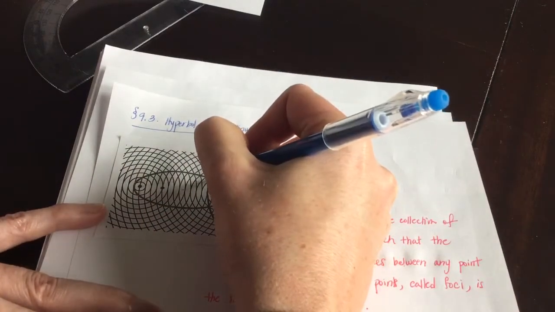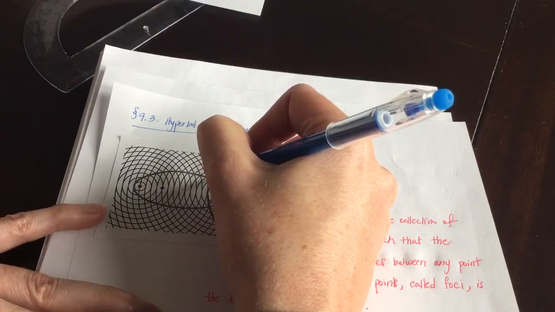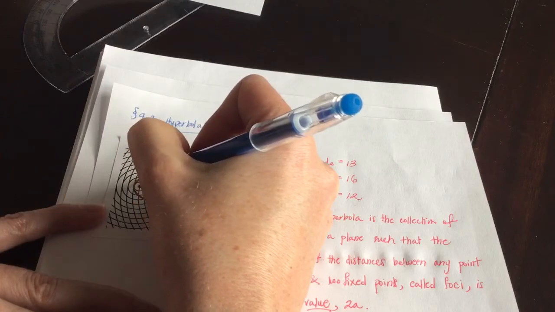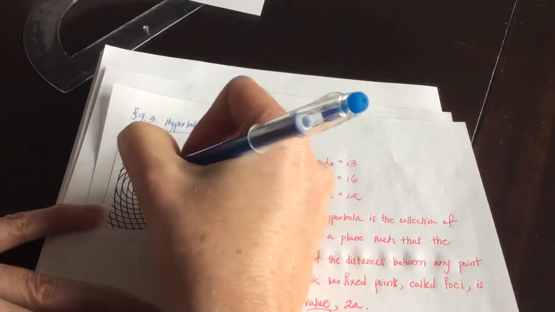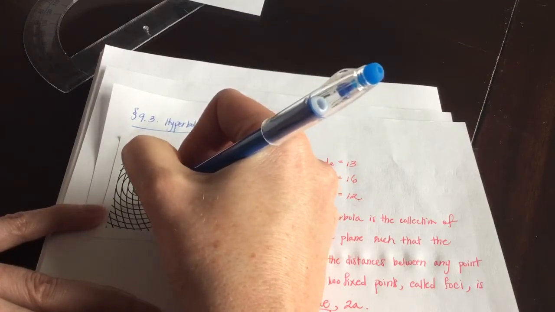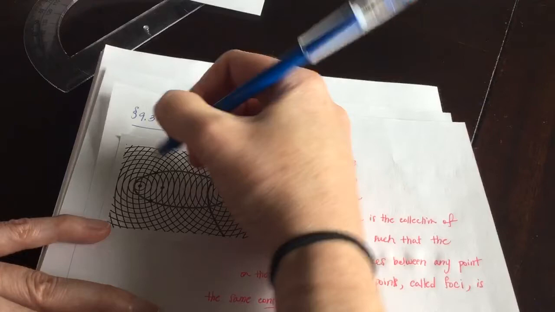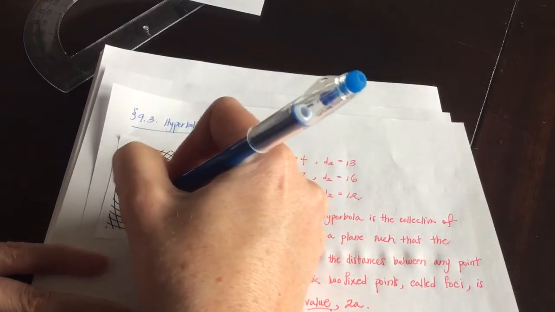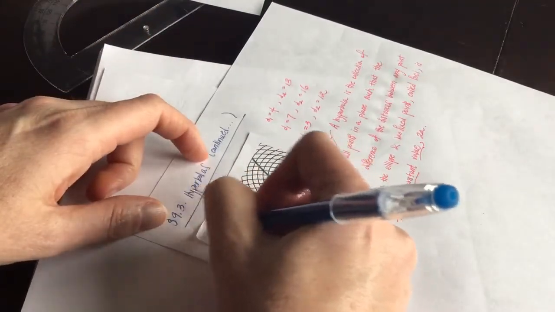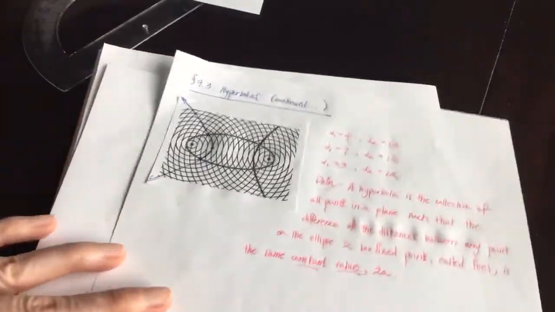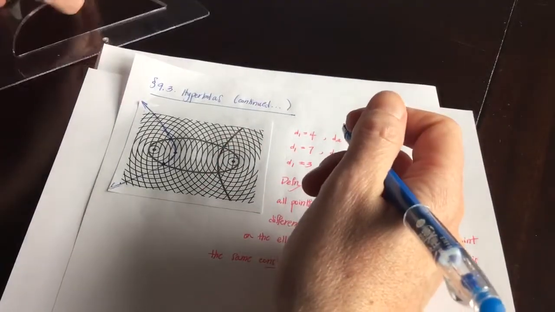And then we could get these little guys pretty easily where the ellipse and the hyperbola intersected. 1, 2, 3, 4. 1, 2, 1, 2, 3, 4. There we go. And then just do your best from there. Okay, so there's the other half of the hyperbola.